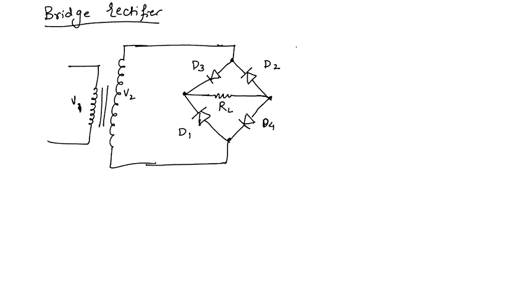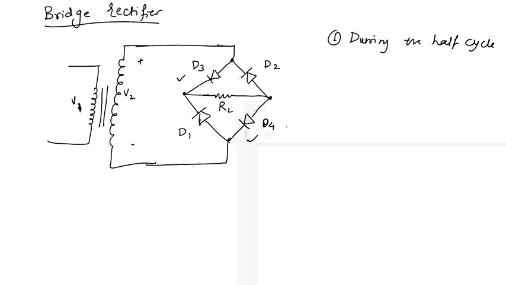Now during the positive half cycle, the polarity will be like this, and by seeing the polarity we can say that diode D3 and diode D4 will be conducting, so these will be replaced by a short circuit, while the other two diodes D1 and D2 will be replaced by an open circuit.